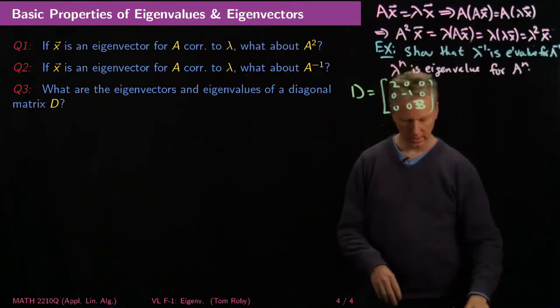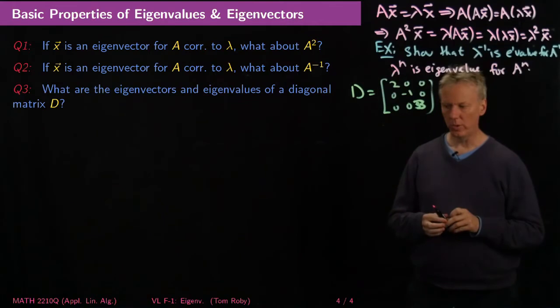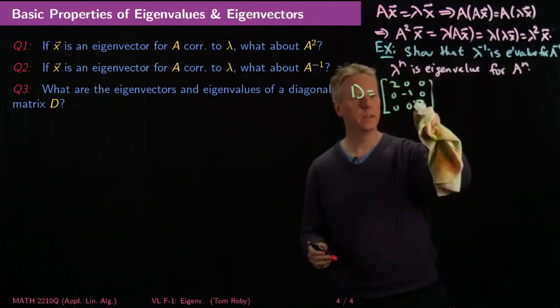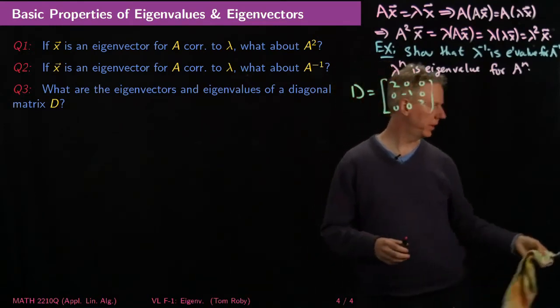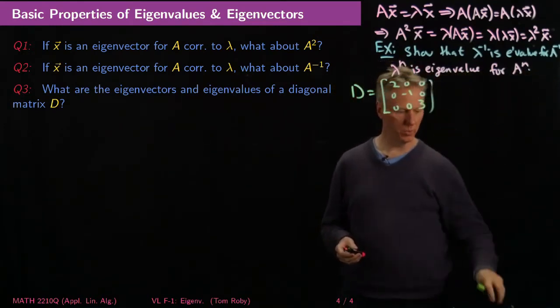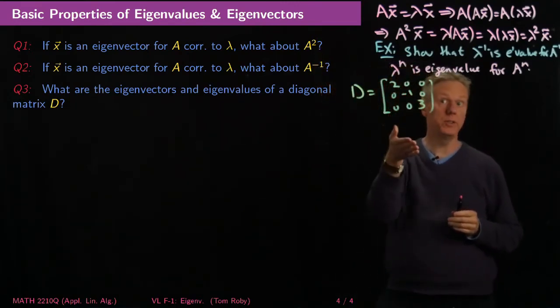Then I claim in this case it's really easy to understand what the eigenvalues and the eigenvectors are.